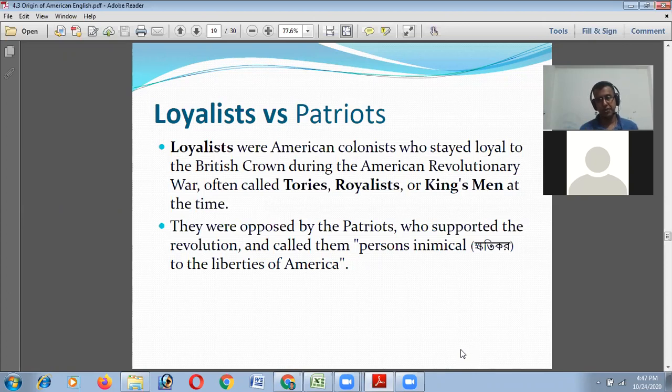So one group, patriots, supported American independence, and another group, called loyalists, supported the British government or British Crown. These two groups we also see in America at the time of the American independence movement.